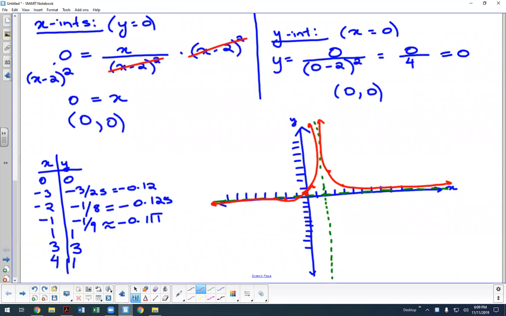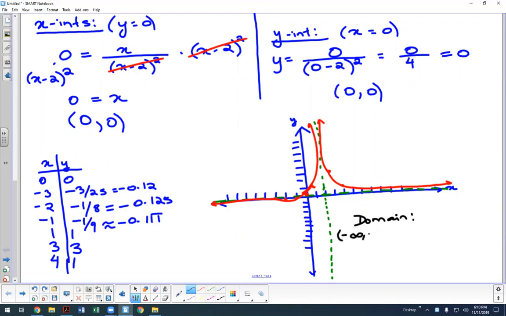Let's see. Can you tell me what the domain of this function is going to be? Parentheses negative infinity to 2.